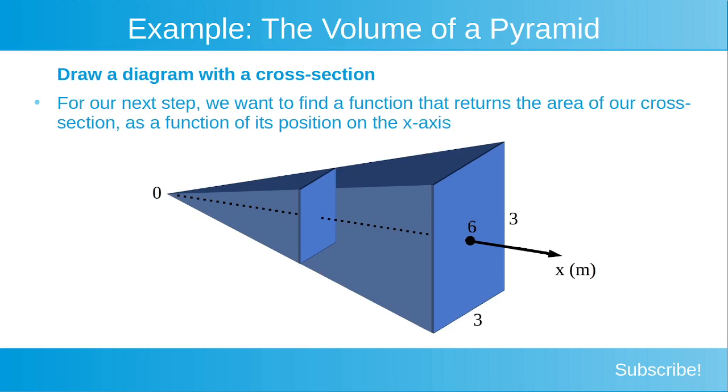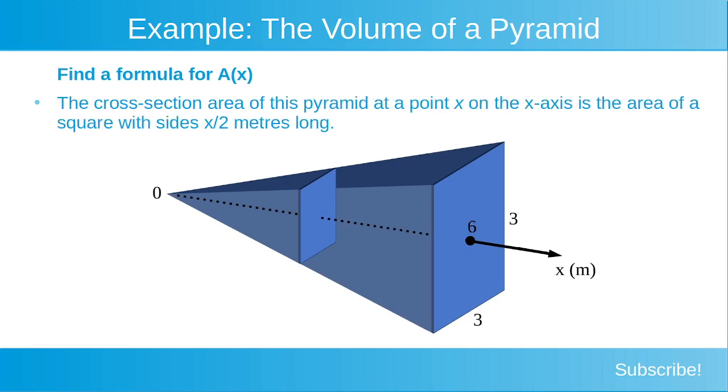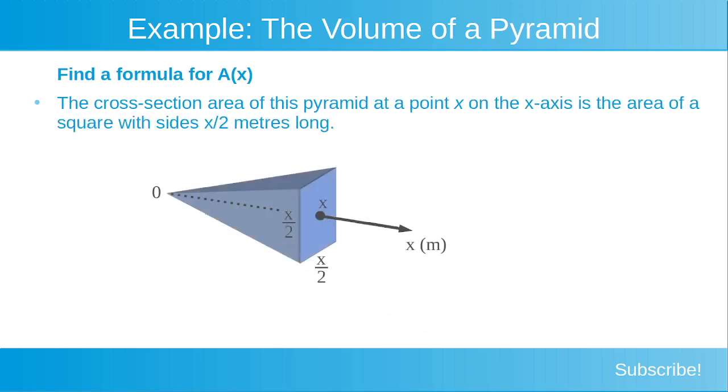For our next step, we want to find a function which returns the area of our cross-section as a function of its position on the x-axis. Now, from measurements of our pyramid, the cross-section area of this pyramid at a point x on the x-axis is the area of a square with sides x over 2 meters long.